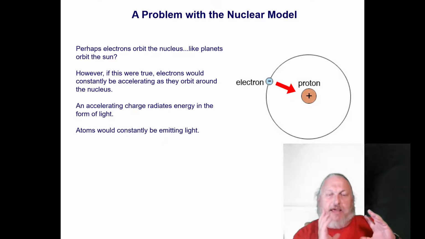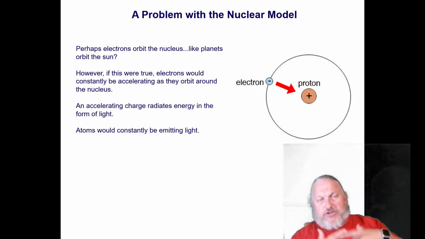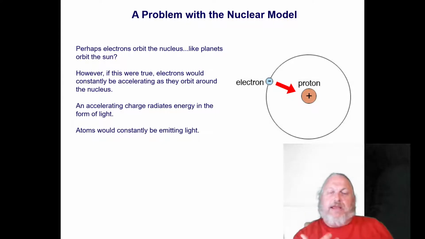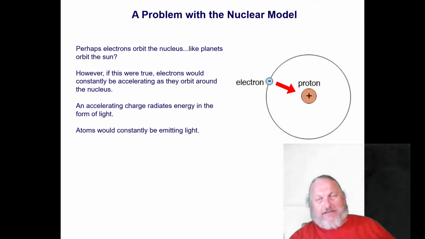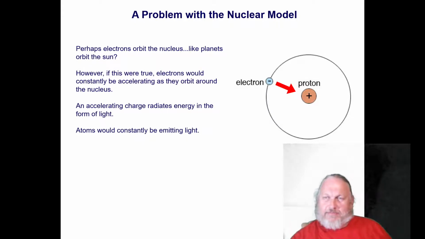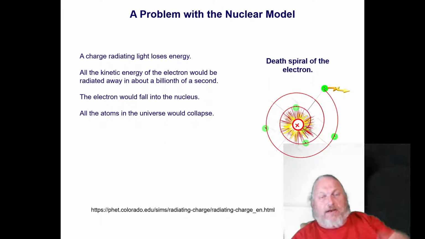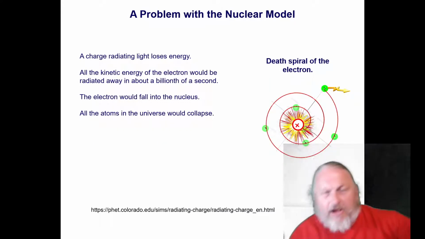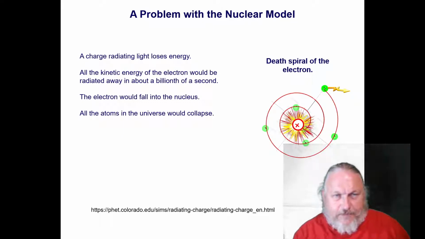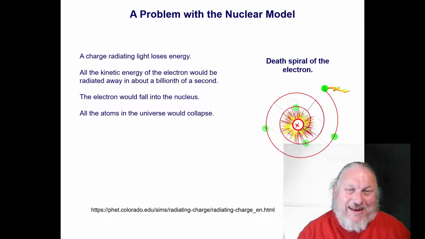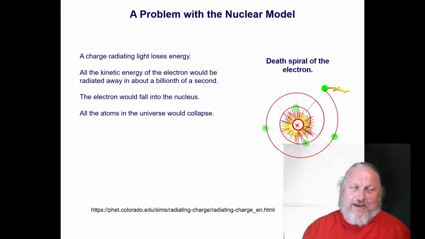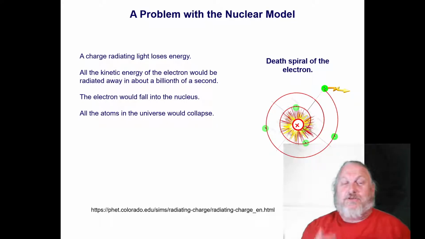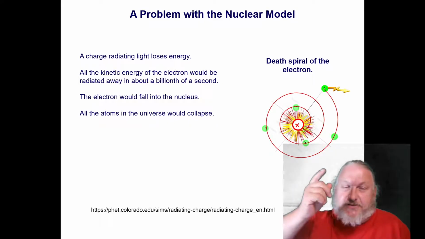Now, when a charge accelerates, it'll radiate energy in the form of light. So that would mean we would be glowing, right? We would be emitting light. We'd be like aliens. Does that happen? Oh, and if you emit light, that means that electron would lose energy. So all the kinetic energy in that electron would be radiated away in about 1/1000th of a second. And guess what? The electron would fall into the nucleus and the universe would collapse.